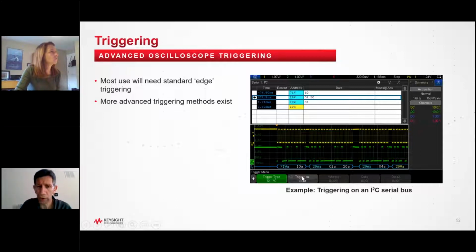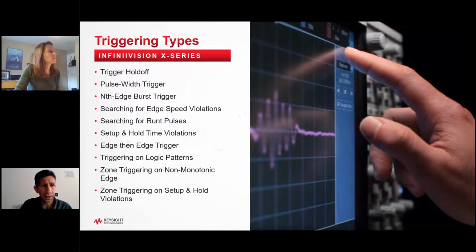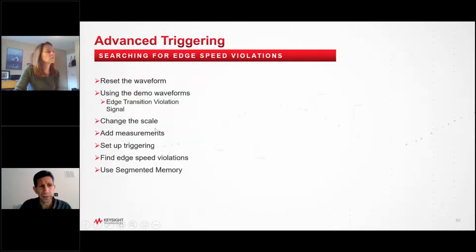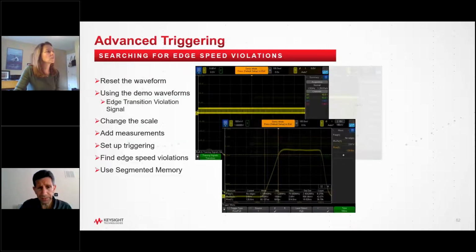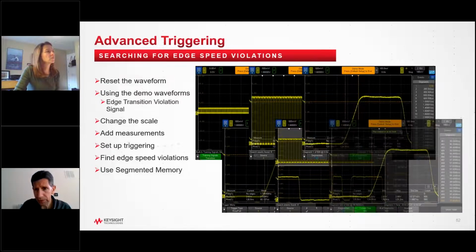You're triggering on the start of frame. And there's even more advanced stuff, which we're going to just quickly step through. If you're looking for rise and fall time violations, we have a rise and fall time trigger. We have various other ones. I'm going to cycle through these.